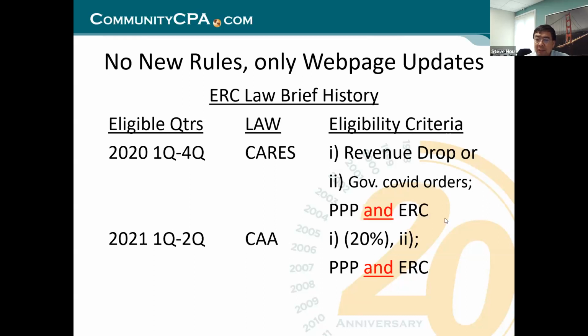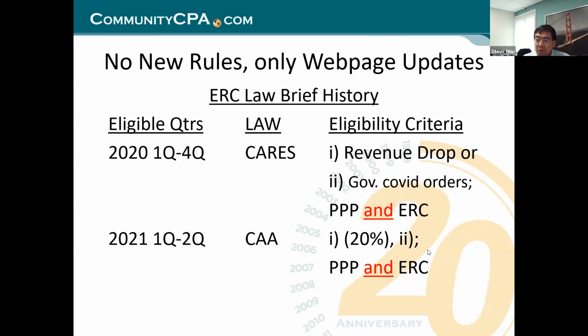The revenue drop threshold for 2020 under the CARES Act is 50%. And for the 2 quarters in 2021 introduced in the CAA, the threshold is 20%. Basically, as long as your quarterly revenue dropped by more than 20%, then you are eligible for ERC in that quarter.